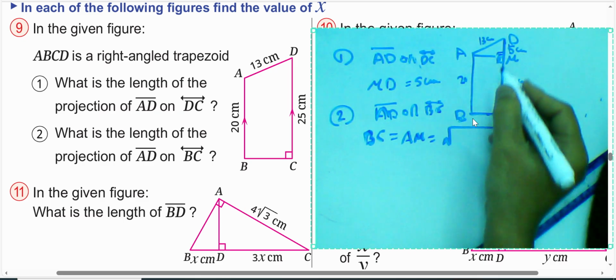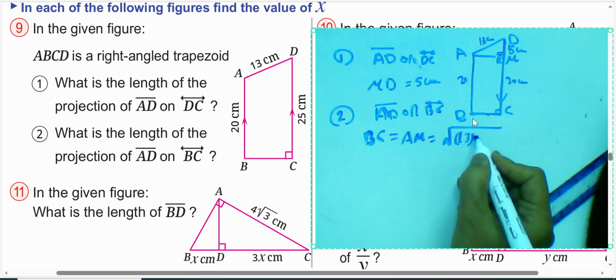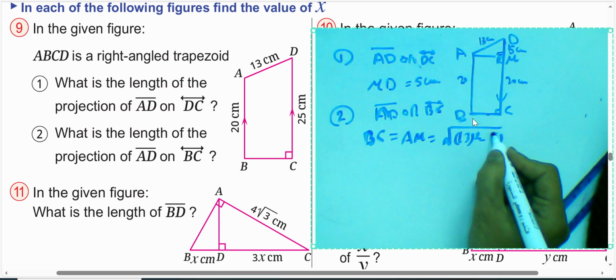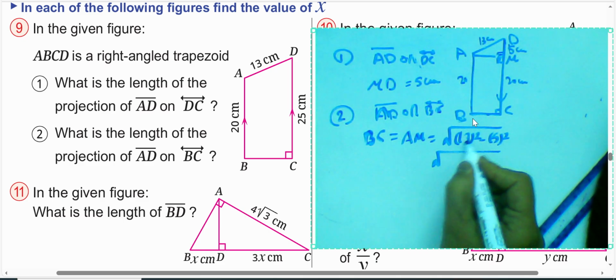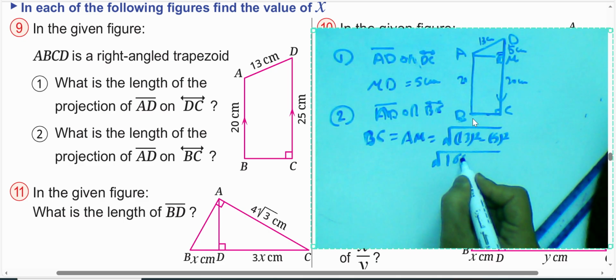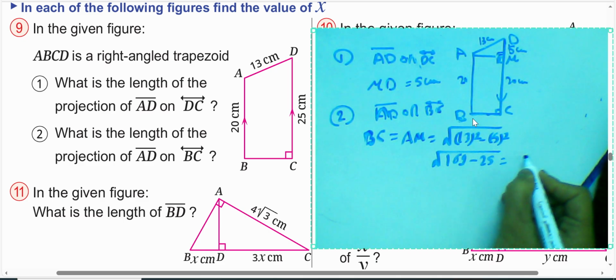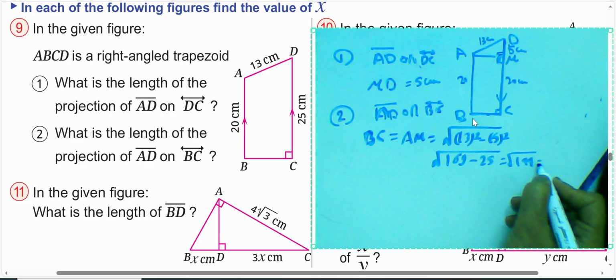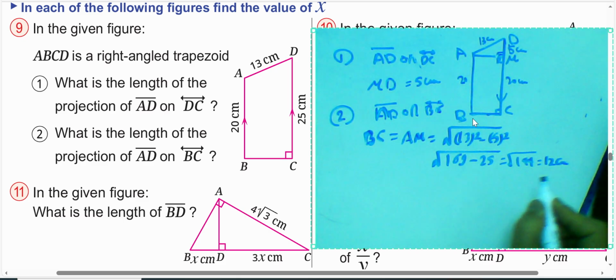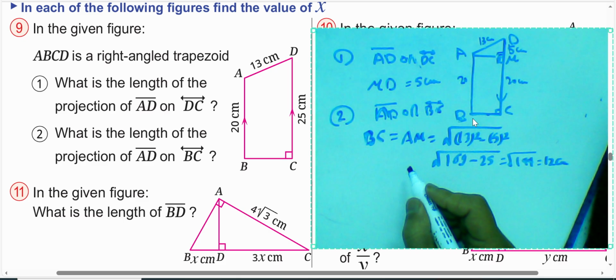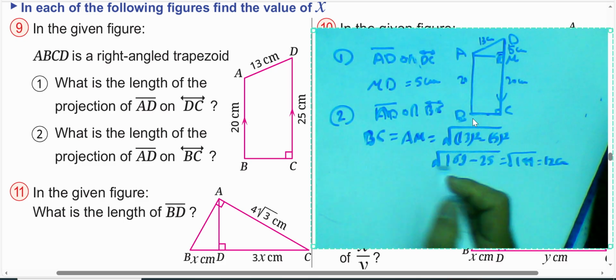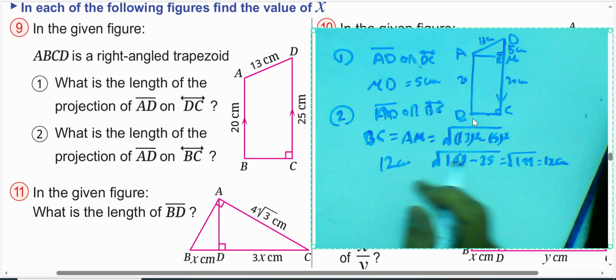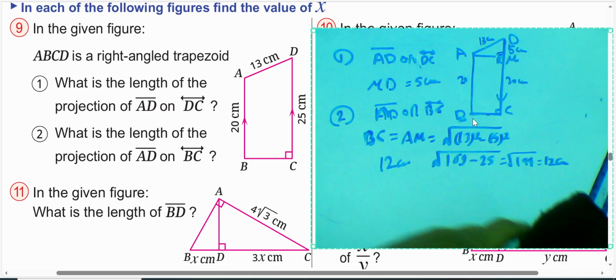Square root of 13 power 2 subtract 5 power 2. 13 power 2 is 169. Subtract 25, square root of 144 is 12 centimeters. Then the length of the projection will be 12 centimeters. The answer here, 12 centimeter.